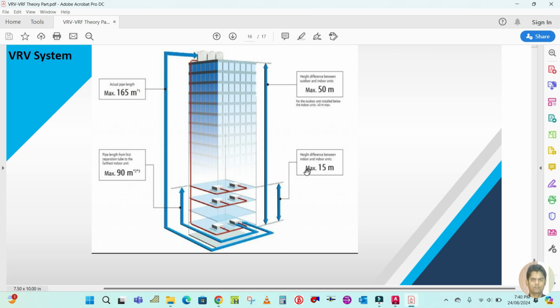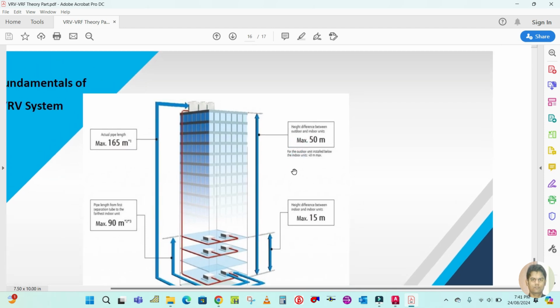Here is the height difference between outdoor and indoor: if the outdoor unit is installed below the indoor unit, it is 40 meters maximum.